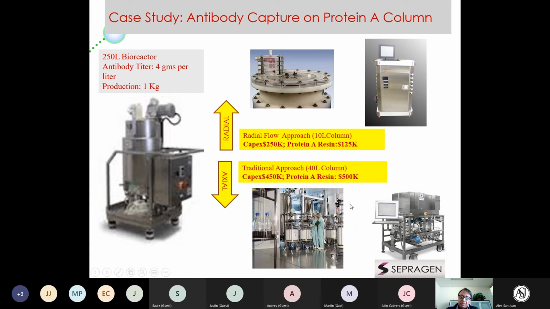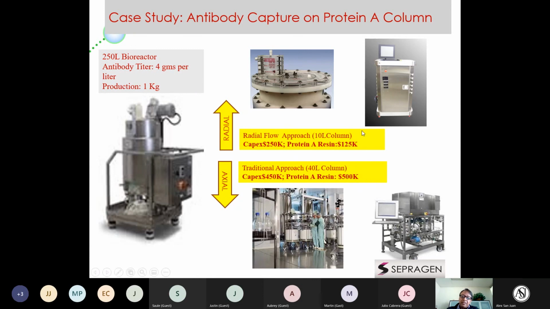So the resin cost was about $500,000, and the capex was around $450,000. Now, because they could go much faster on the radial flow column, they decided that they could do this on a 10-liter column, and instead of taking 8 hours to do a run on a 40-liter column, they'd just take a 10-liter column and do 4 cycles, each 2 hours each.